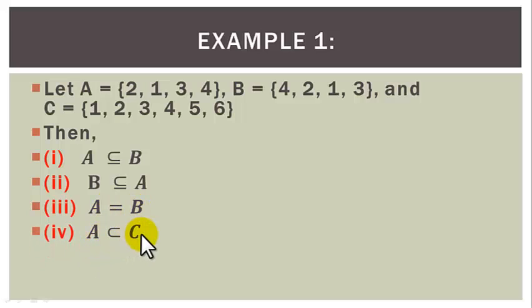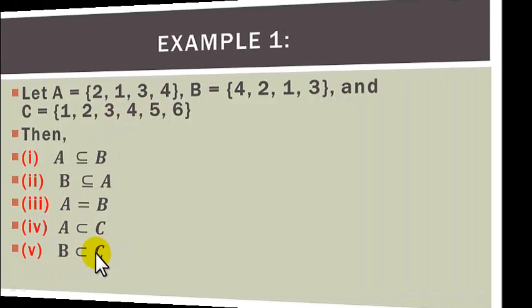A is a proper subset of C because every element in A is there in C, and there are some elements in C that are not there in A. For example, 5 is there in C, it is not there in A. 6 is also there in C, it is not there in A. That is why A is a proper subset of C. Also, B is a proper subset of C.